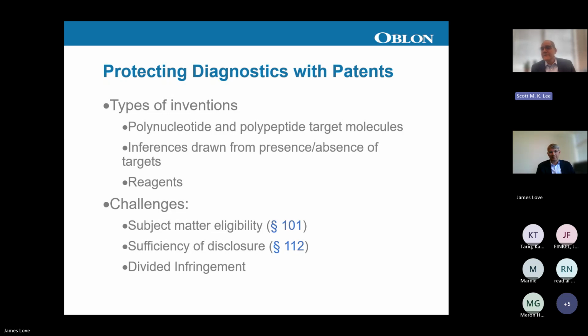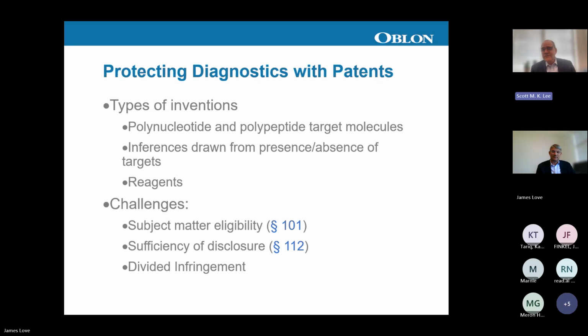About 15 years ago, it was possible to patent what I'm calling a diagnostic invention, where you associate a marker with a particular disease, for example, through basic research, and it was fairly straightforward then to file a patent application and get a patent issued that covered just a method where you detect the marker and you make an inference, for example, diagnosing someone with a particular disease.